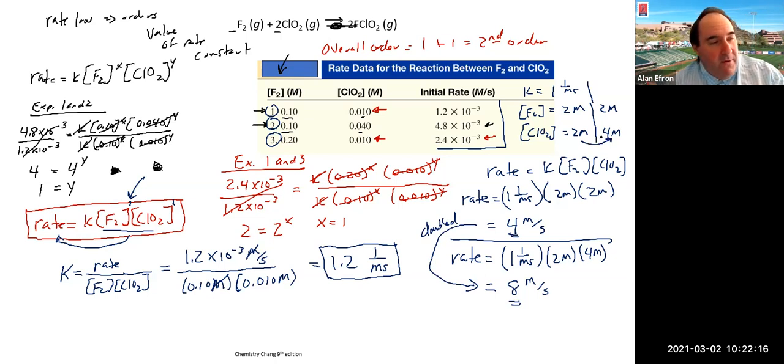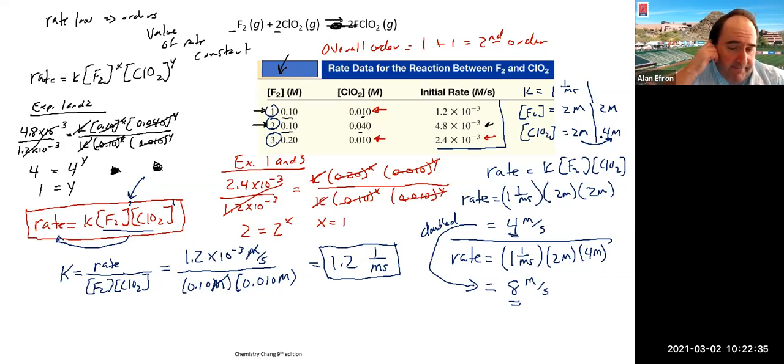So when we think about orders and what it means, it's sort of like the proportion of these things that you need to put together to achieve a certain rate. And depending on what their individual orders are, by changing one or the other, you can really affect the rate.